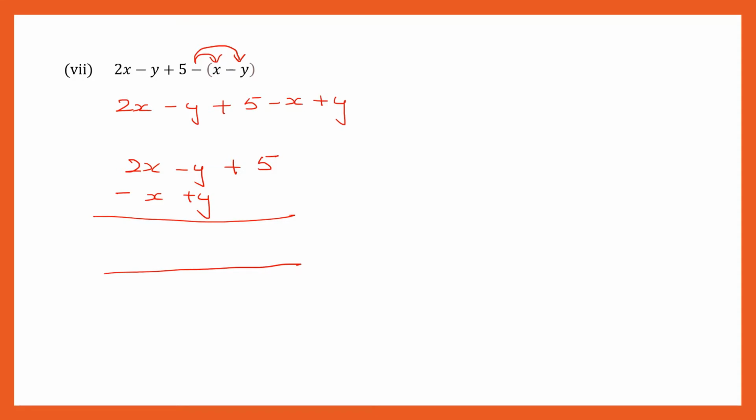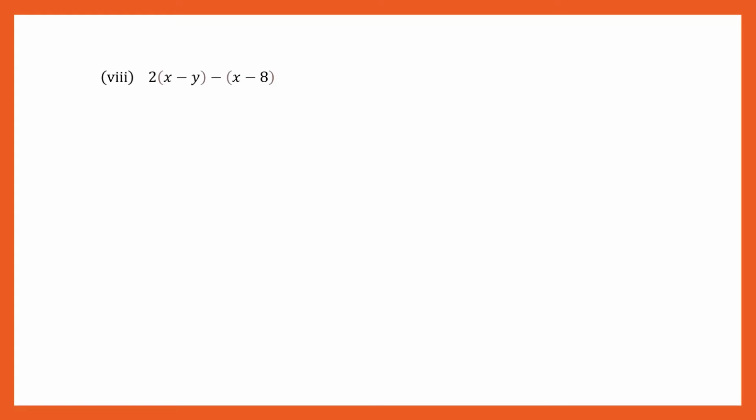If there's something missing, plus 1, and here I have 1 and 1. So let's do. Signs are different. 2 minus 1 is 1x. Here signs are different. Minus 1 plus 1 is 0. And I have plus 5. So my answer is simply 1x plus 5, or x plus 5.